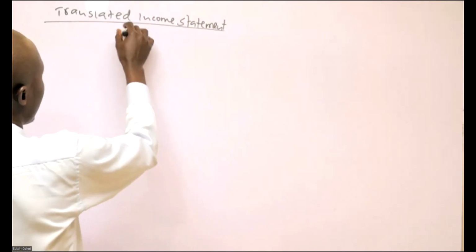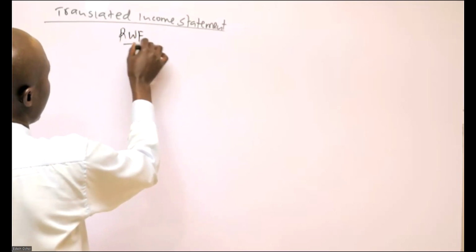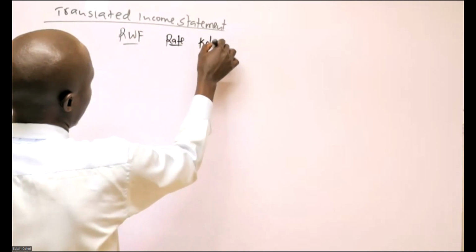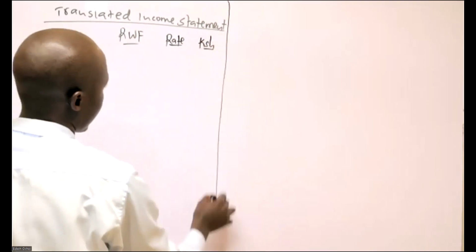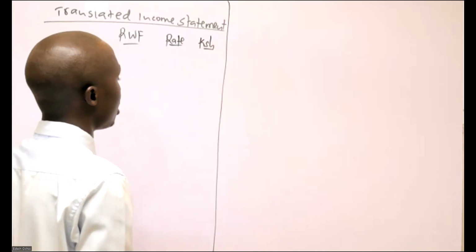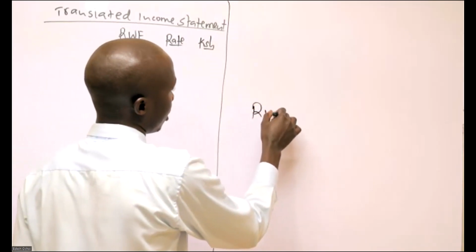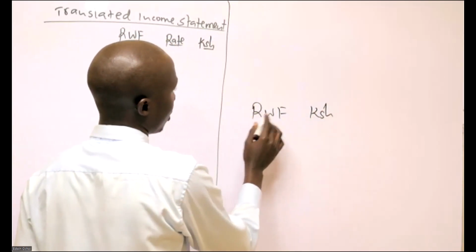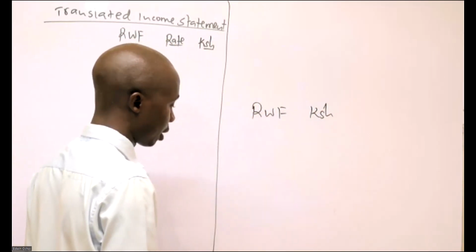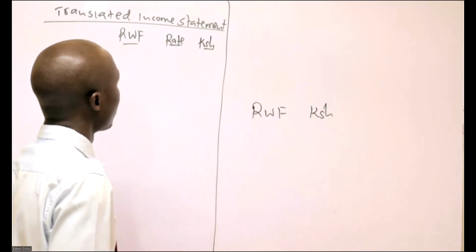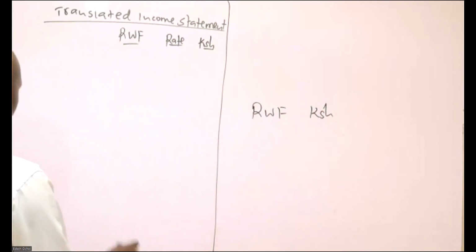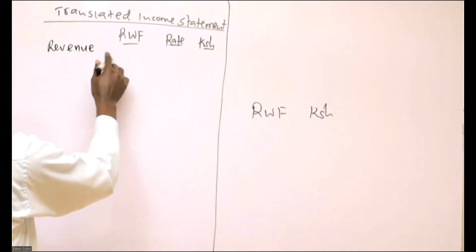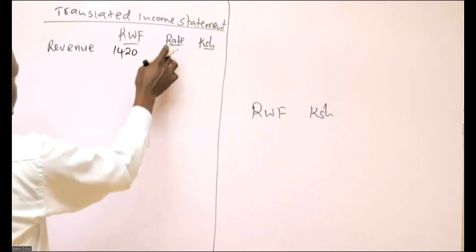So we are translating the foreign subsidiary to Kenyan shillings. Under the rates provided, they say Rwandanese franc to Kenyan shillings. They never said one or anything else. Remember that for incomes and expenses, the first item under the income statement is revenue. The revenue of 1420 will be translated using which rate?